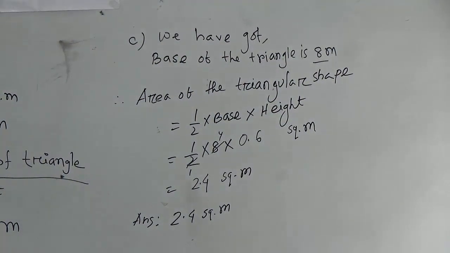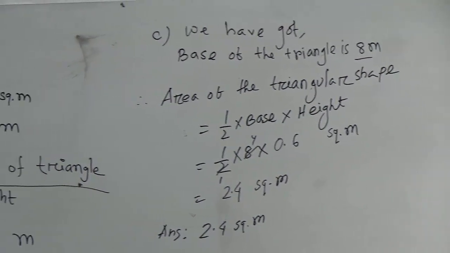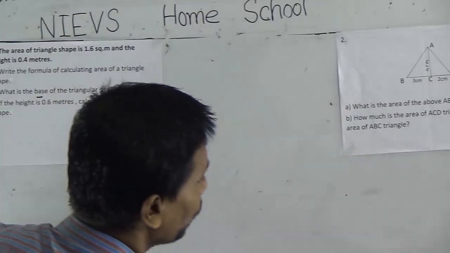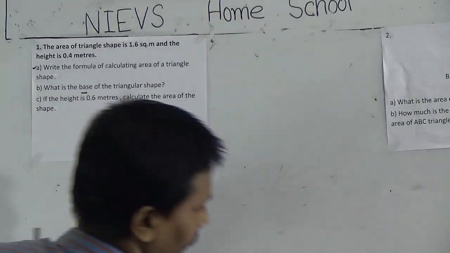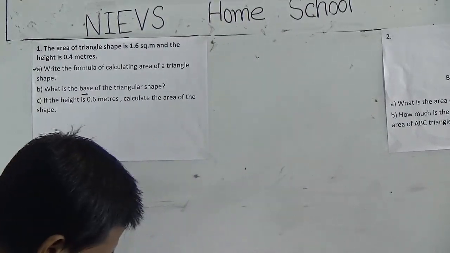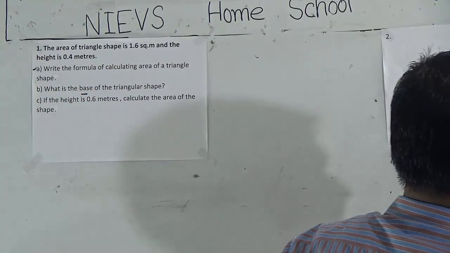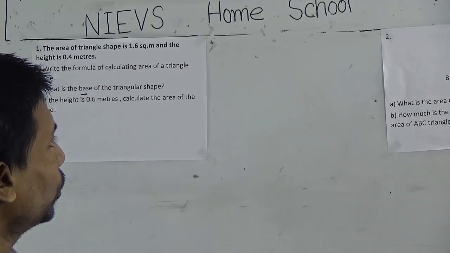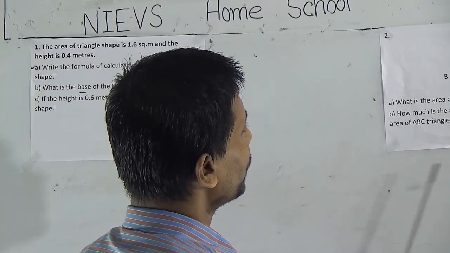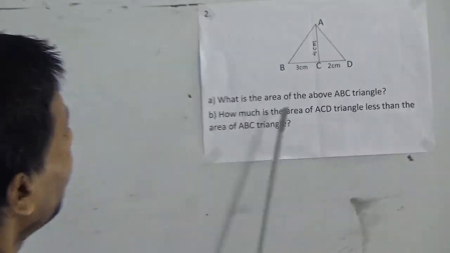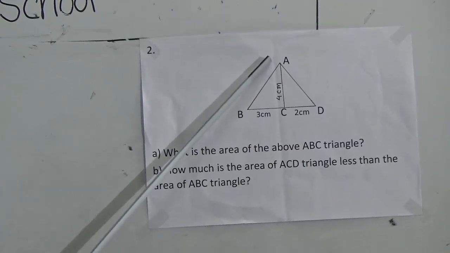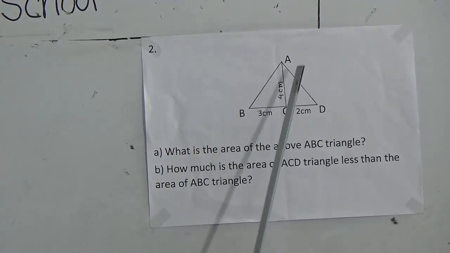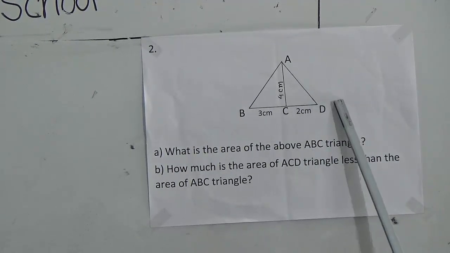A number question. Now I will solve CBQ question number 2. Look, CBQ question number 2. Look, you see there is a figure A, B, C. This is one triangle and A, C, D is another triangle.